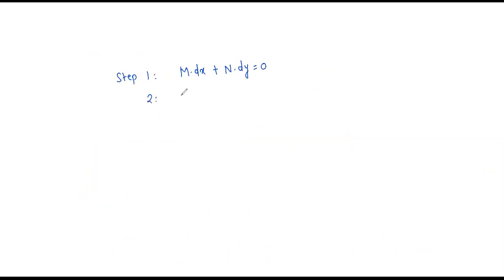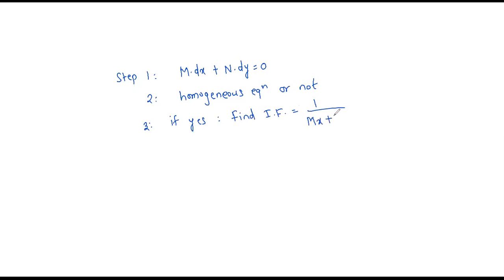Second step, check for homogeneity. Check whether the equation is a homogeneous equation or not. If yes, find the integrating factor. What will be the integrating factor? 1 upon (mx plus ny).